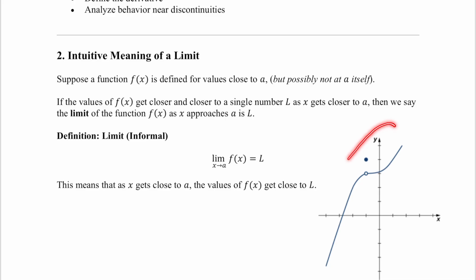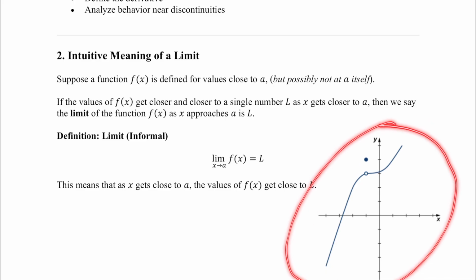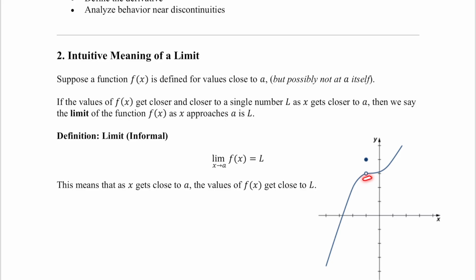Let's look at the graph. Notice an open circle on the curve. An open circle means the function is not defined at that exact point. Now look at the curve. As x gets closer to that point from the left, the curve moves toward the open circle.